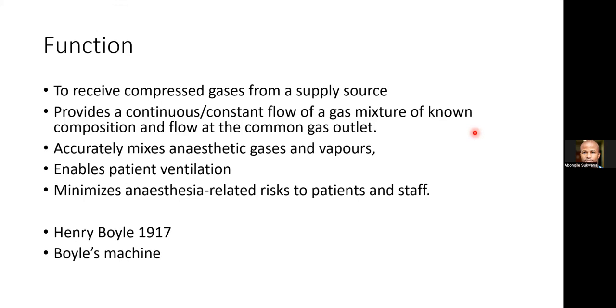It also helps mix the gases and the vapors that we use, and with that, you can incorporate ventilation. It also minimizes risk to the patient and the staff. By the end of the talk, you will know how this happens.